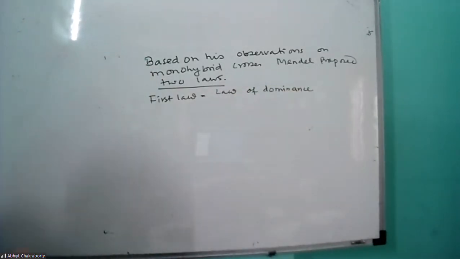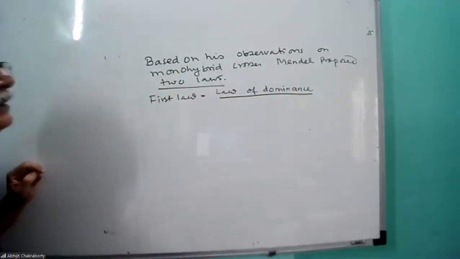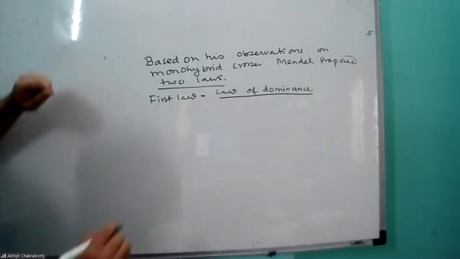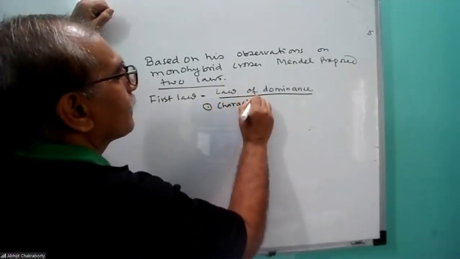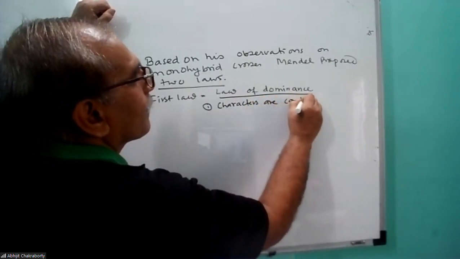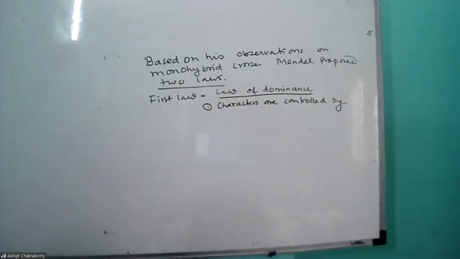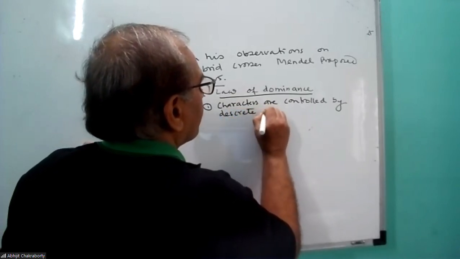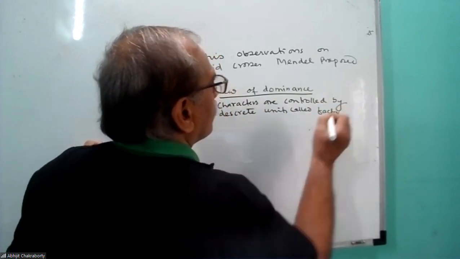The first one is the law of dominance. What is said in the law of dominance? First, characters are controlled by discrete units called factors.